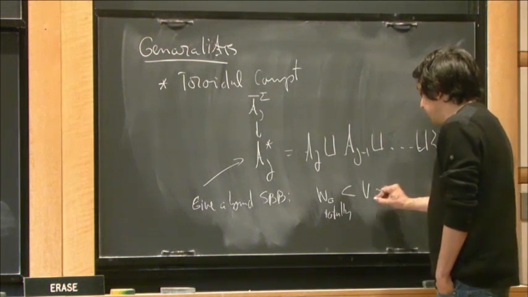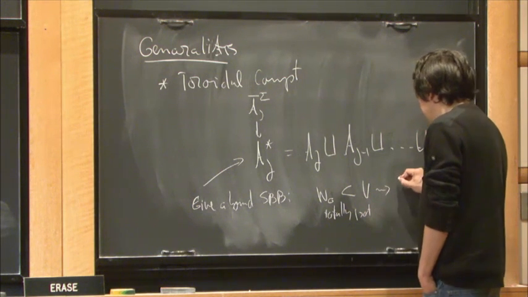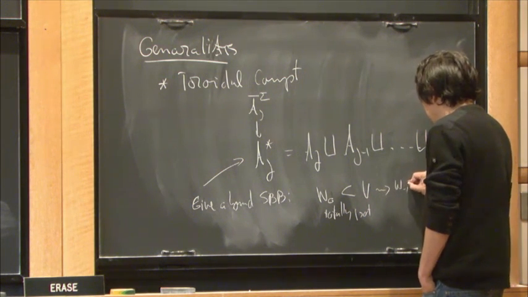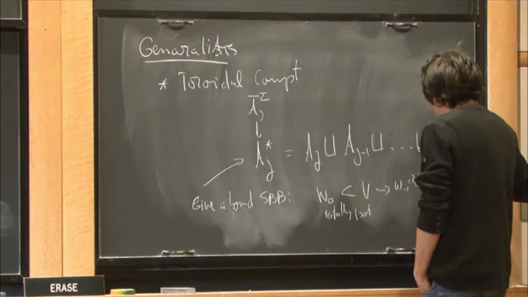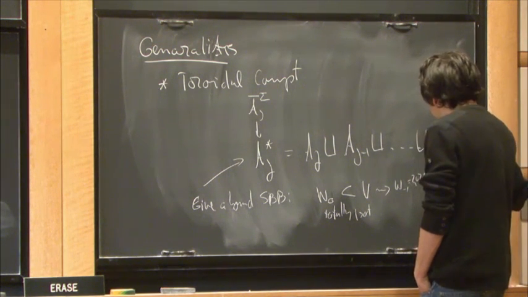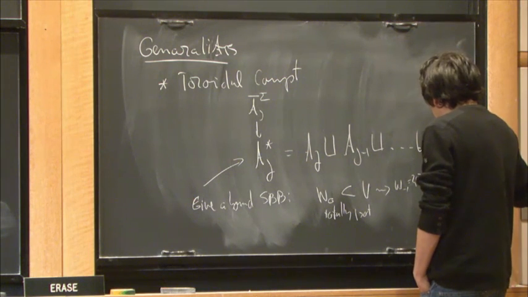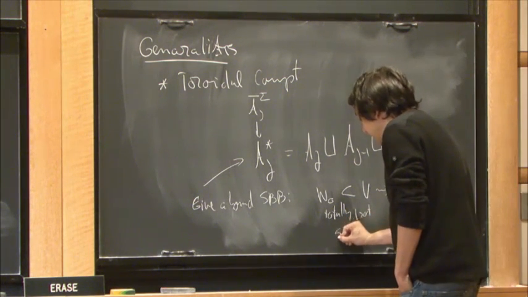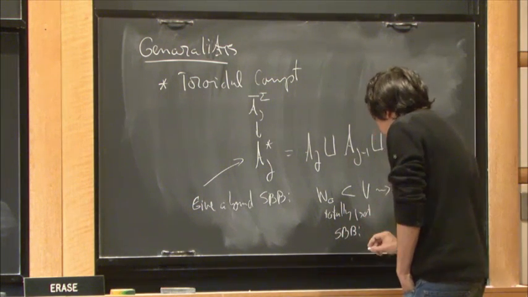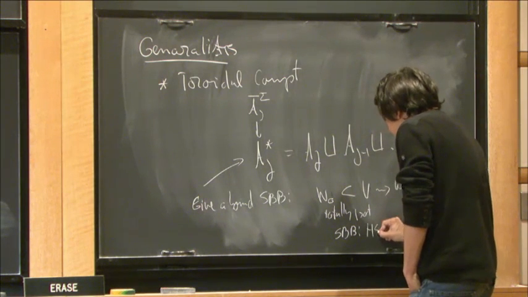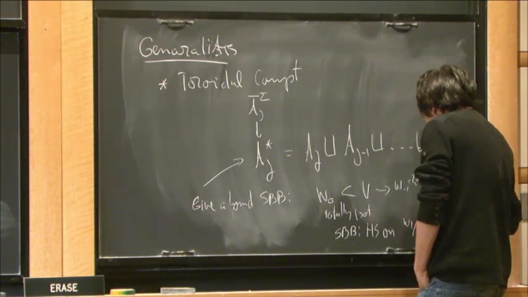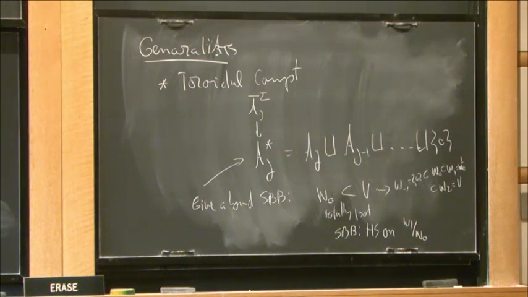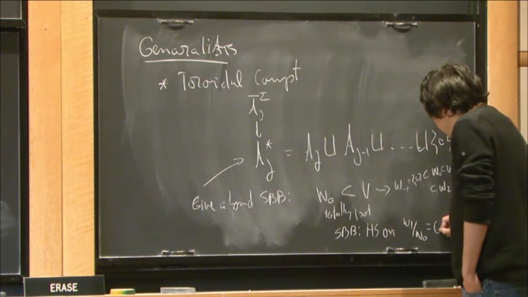Once you have a totally isotropic subspace, you get a filtration: W_{-1} equals 0, W_0, W_1 is W_0 perp, and then W_2 is V. Basically, the Satake-Baily-Borel simply encodes the Hodge structure on W_1 modulo W_0, the graded piece 1.